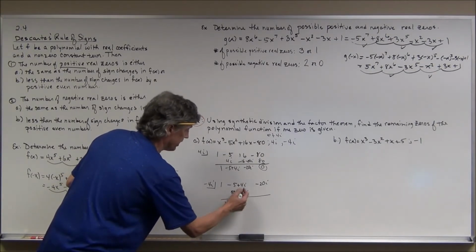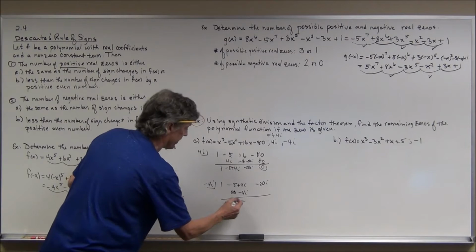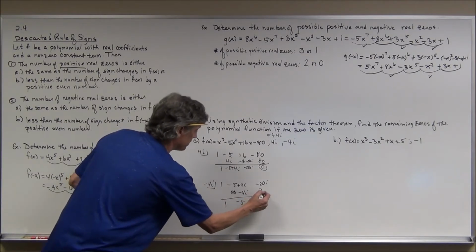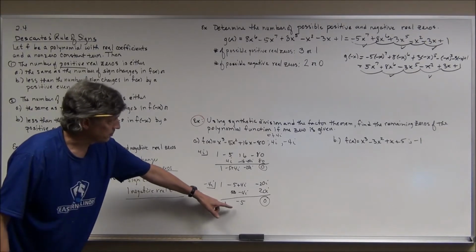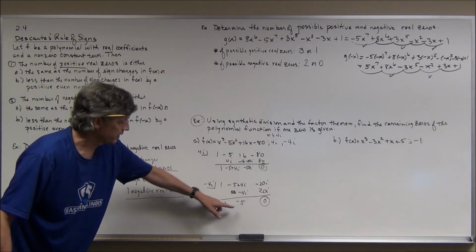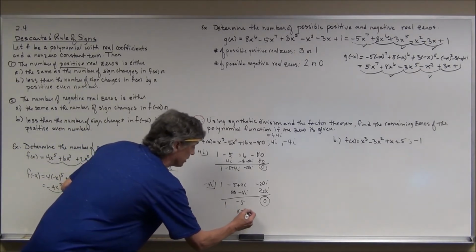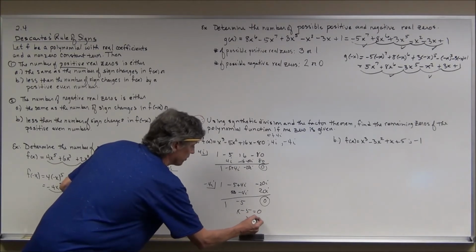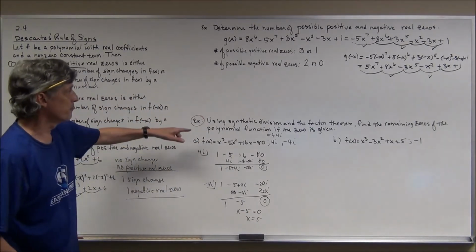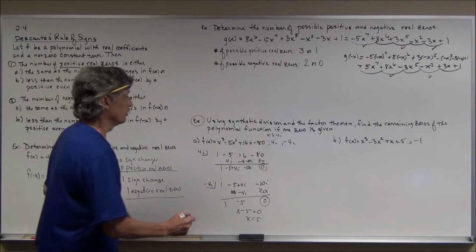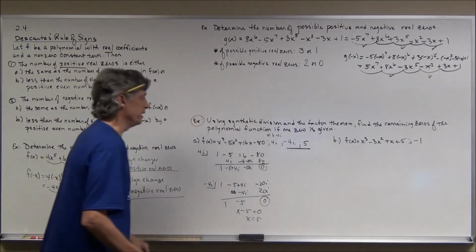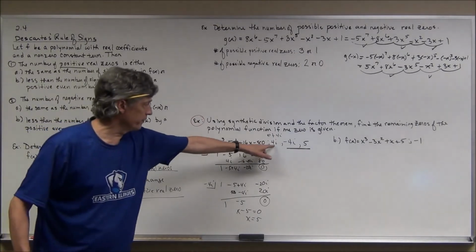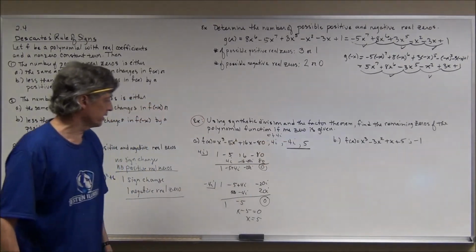So if I add straight down, these cancel, it gives me a negative 5. And I multiply, I get a positive 20i and 0 again. My depressed polynomial here is x minus 5, and x minus 5 is equal to 0 when x is equal to 5. So in this case it says, find the remaining zeros. Those would be the remaining zeros.